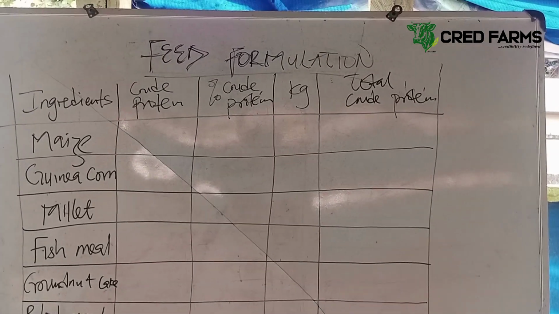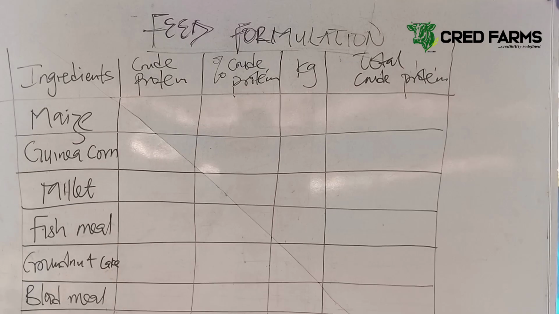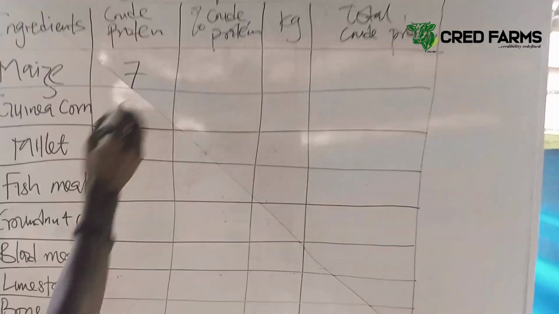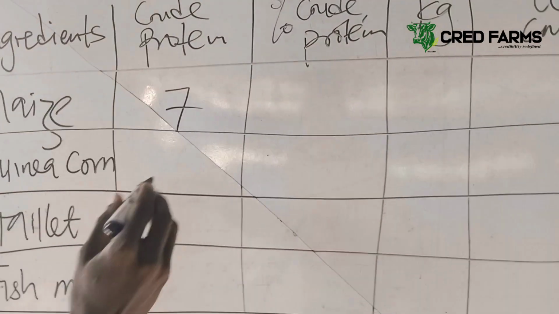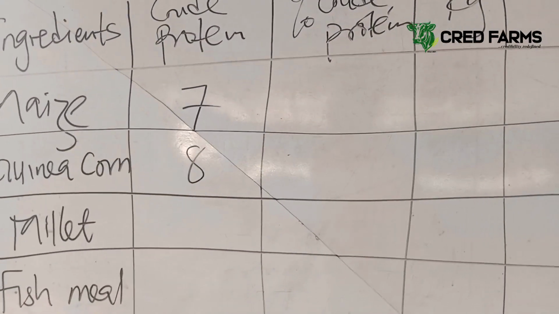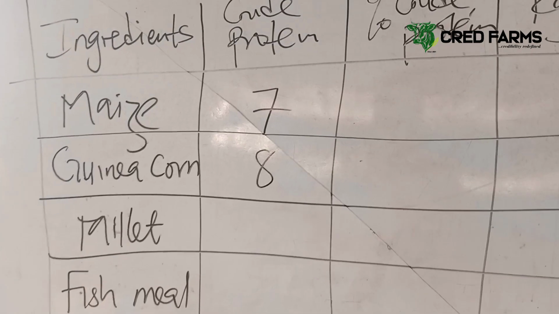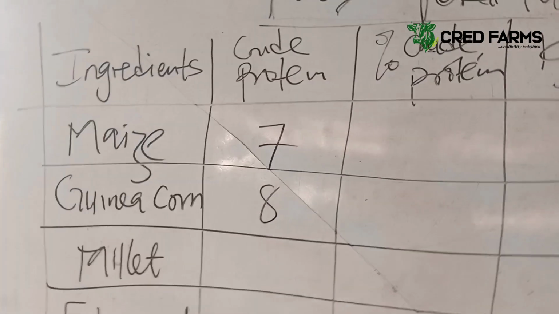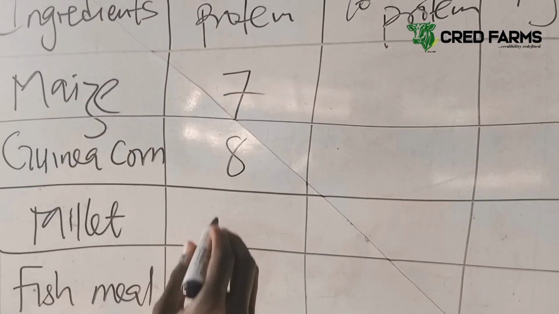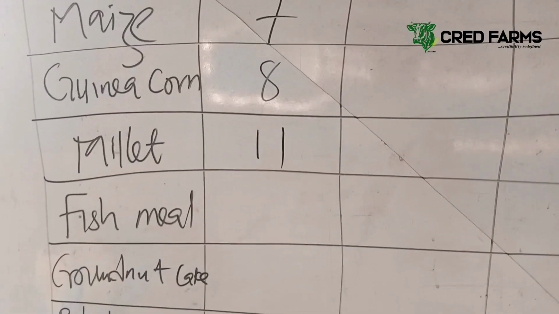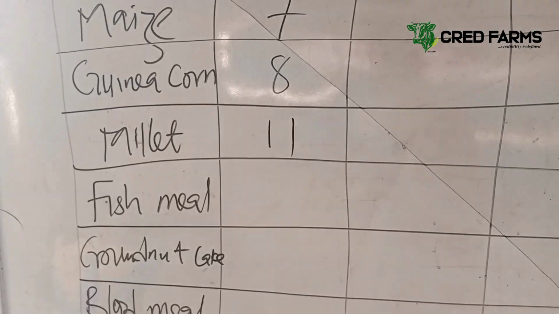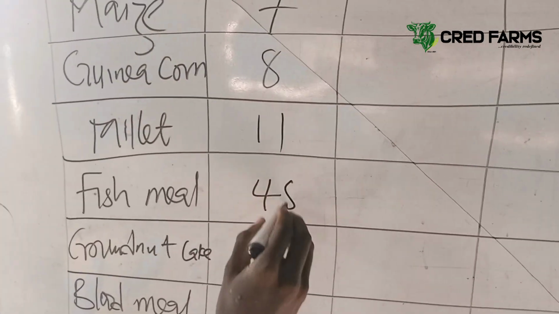So for maize, we know the crude protein of maize is 7. For guinea corn, the crude protein is 8. The crude protein for millet is 11, and then the crude protein for fish meal is 45.